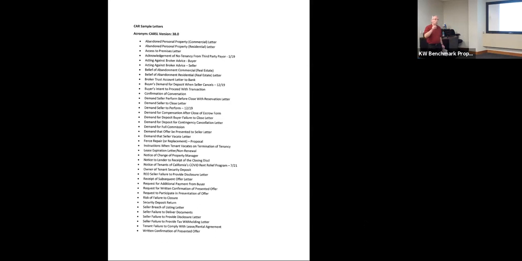When you go into Zip Forms and you open it up, in the top right-hand corner, it has CAR Association of Realtors. Well, if you click on the down arrow to the right of that, it's going to open up a menu of more sites. And one of those sites is CAR sample letters.